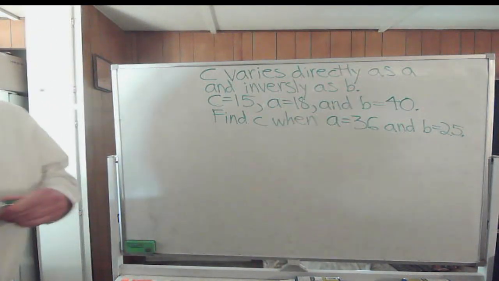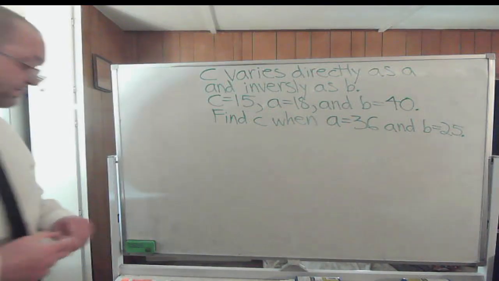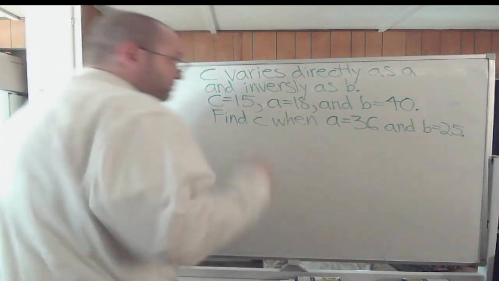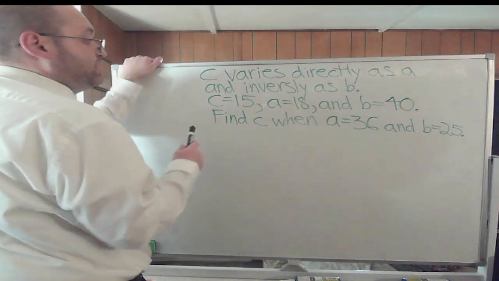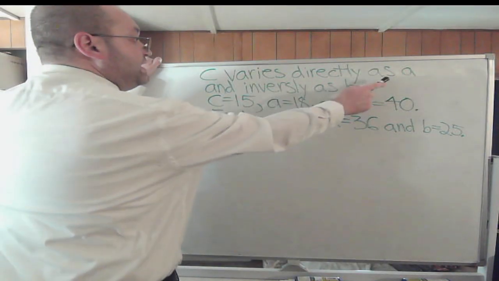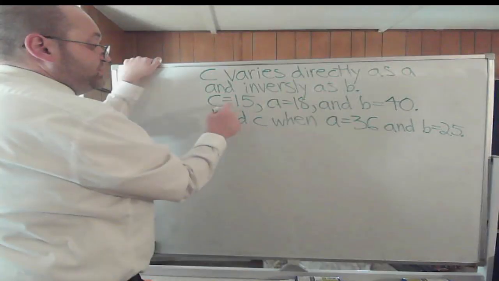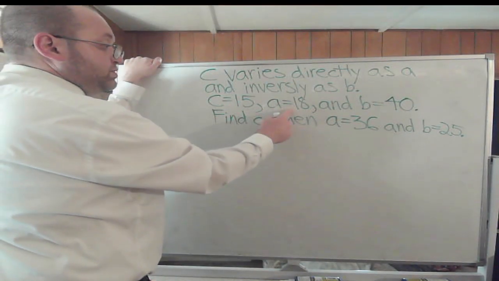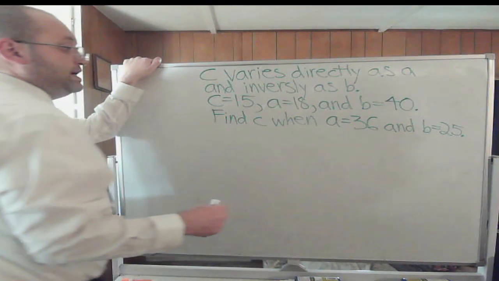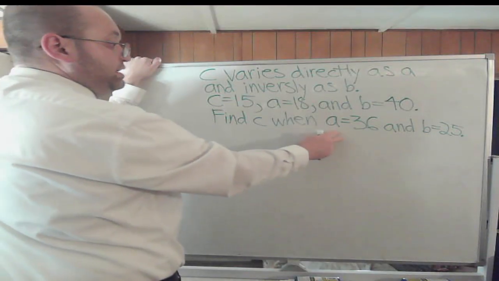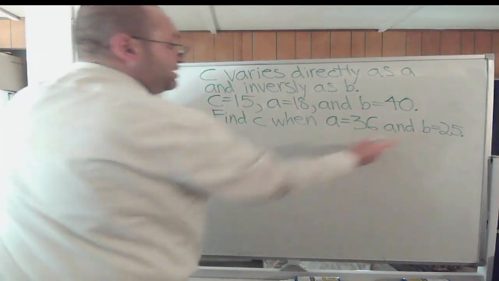All right. So we have a wonderful combined variation problem here of C varies directly as A and inversely as B. They give you C equals 15, A equals 18, and B equals 40. Then they want you to find C when A equals 36 and B equals 25.